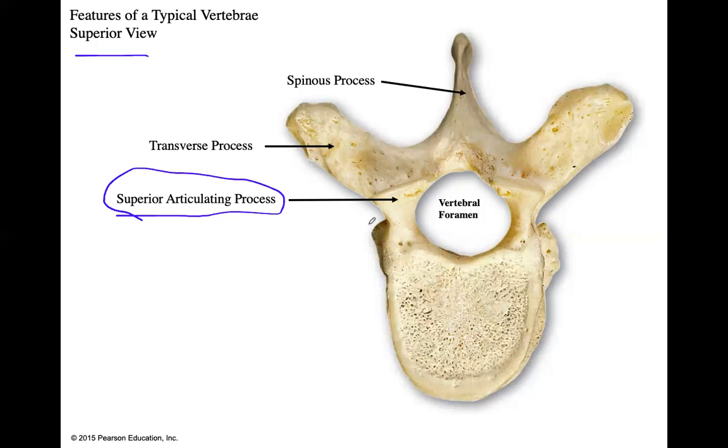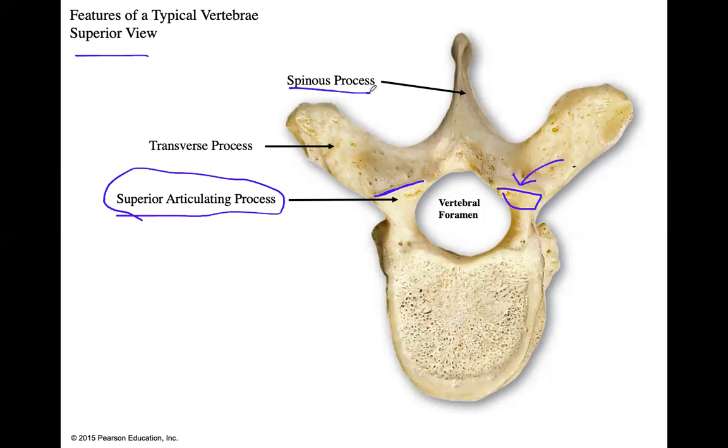You have to look at it from underneath to actually see it. Associated to the process is going to be a facet, a superior articulating facet. Here's the other superior articulating process, but right there is the superior articulating facet.